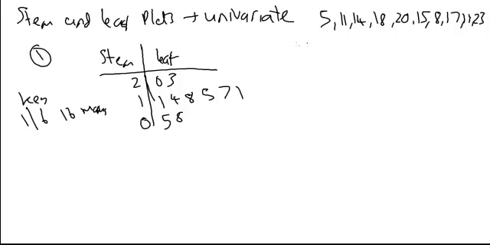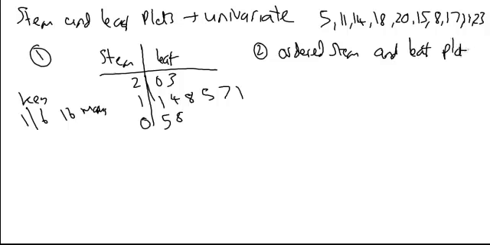A slight variant of this is the ordered stem and leaf. So this is the ordered stem and leaf plot. It is basically the same. I mean, you go through the same process.